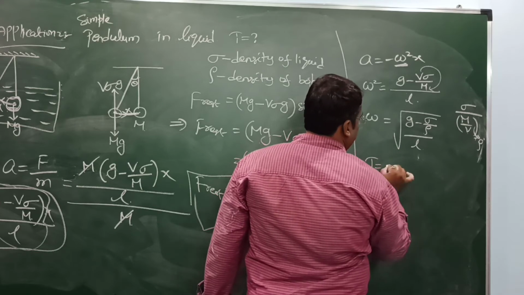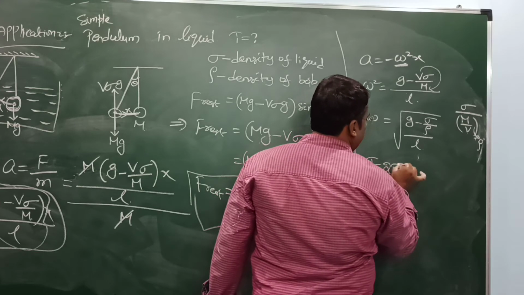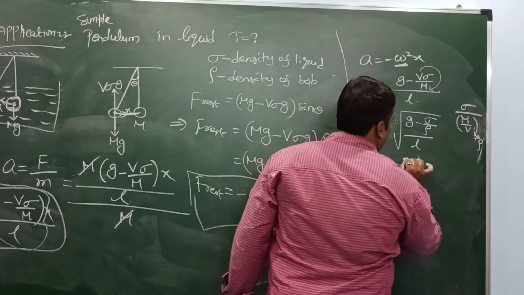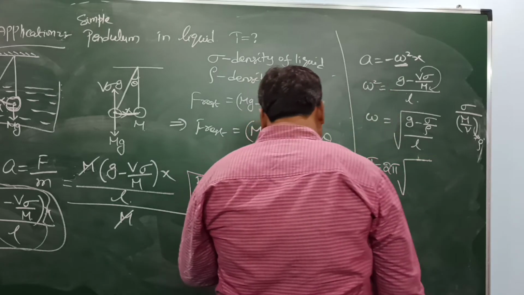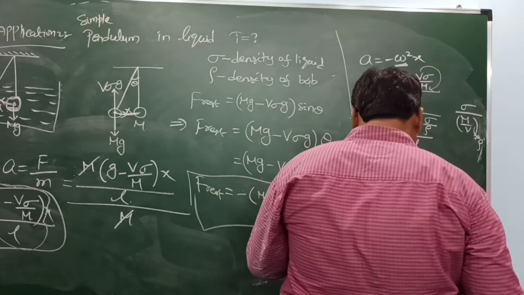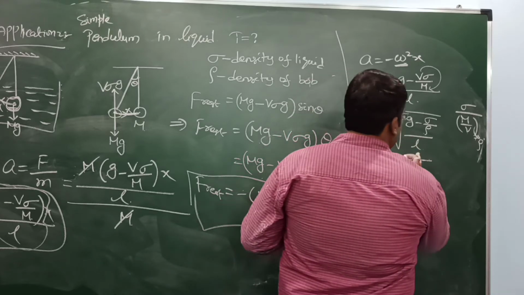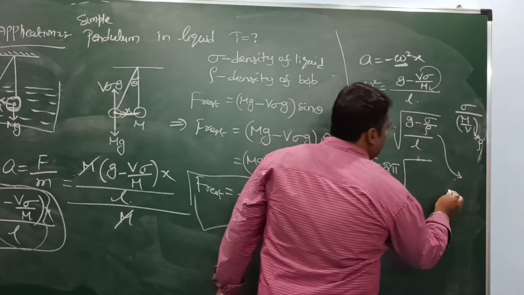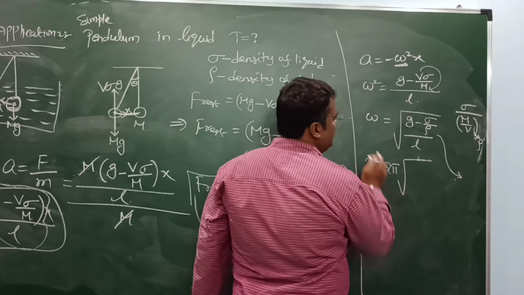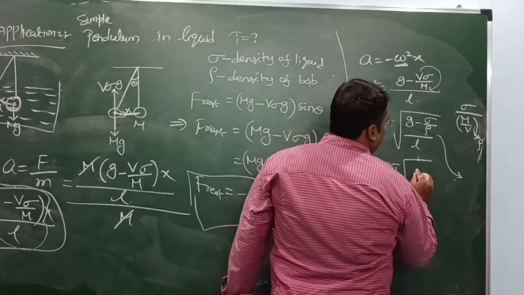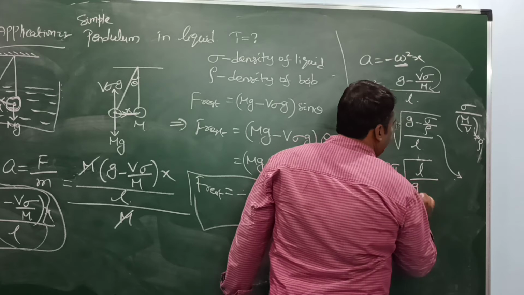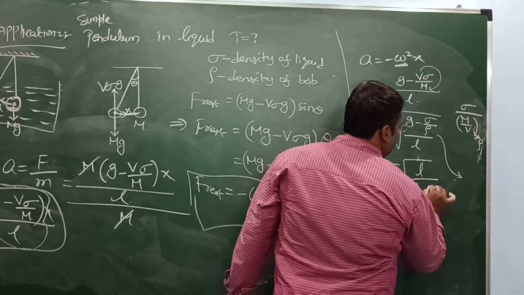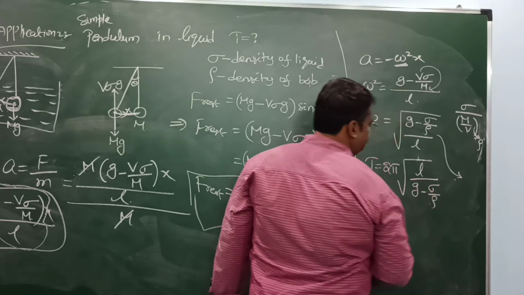Let us take the time period of the pendulum. T is equal to 2 pi root, the standard content. Let us take a common g, otherwise I would have to substitute directly: L divided by g minus sigma divided by rho.